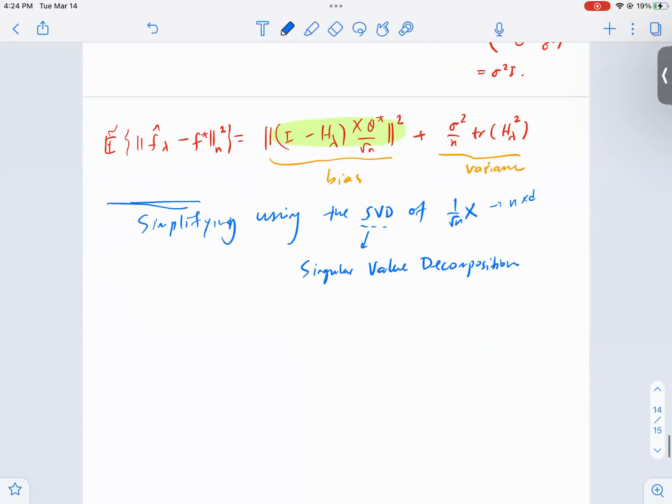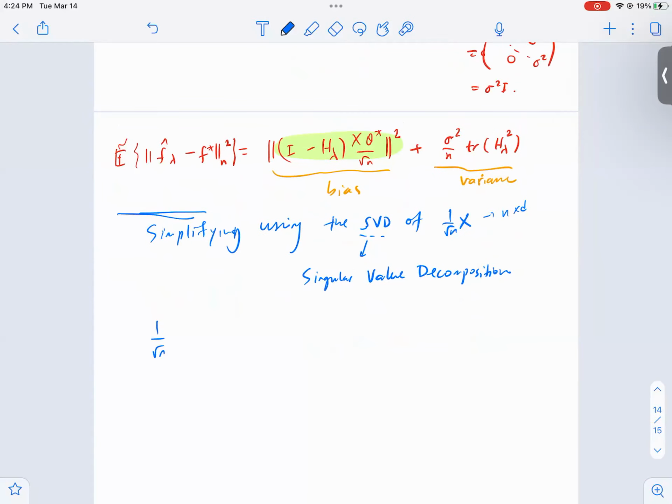So what this is saying is every rectangular matrix has a decomposition which can be written as: N by N, and then N by D, where N is big and D is small, and then another D by D matrix here.